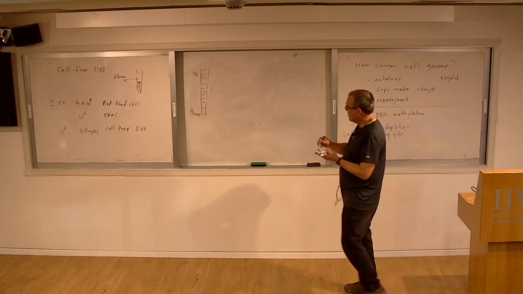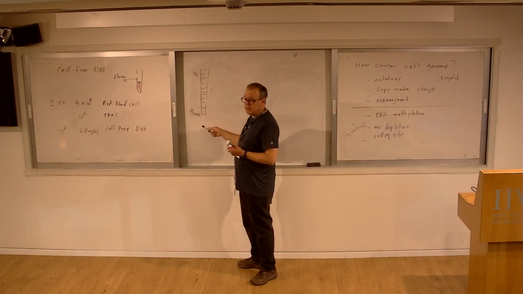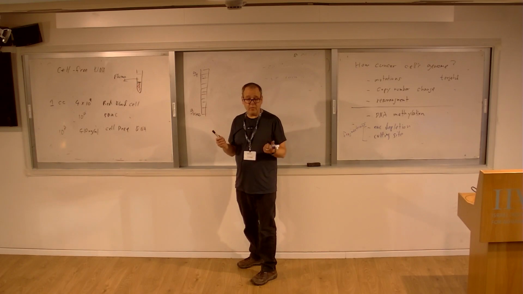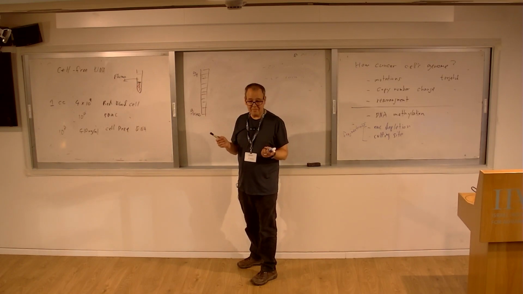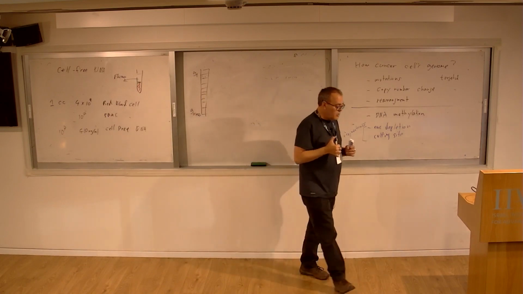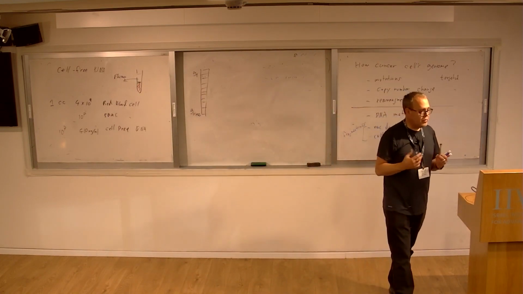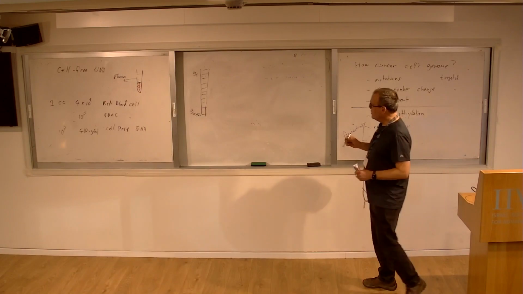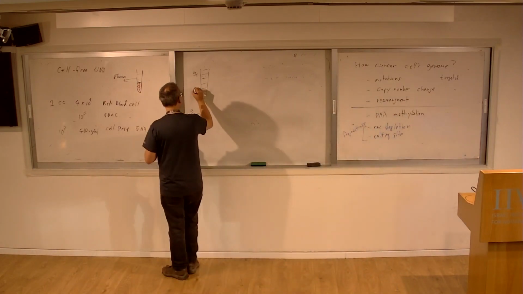Now, when I look at this, I don't know which one came from where. So luckily for us, if you look at the low-hanging fruit, there are some genes that we can mark.